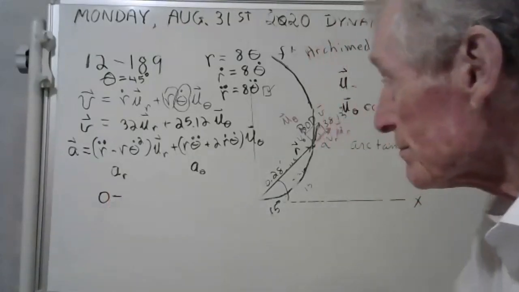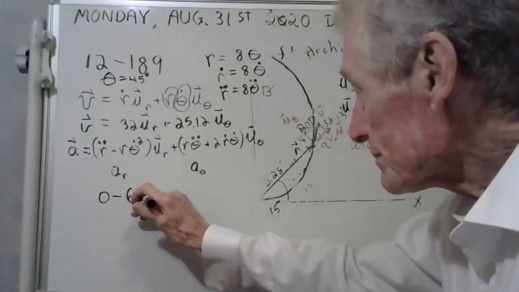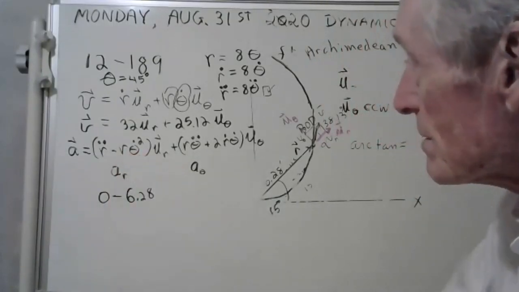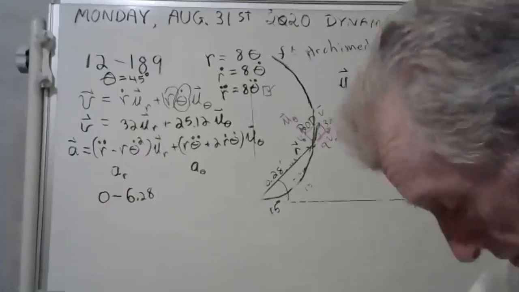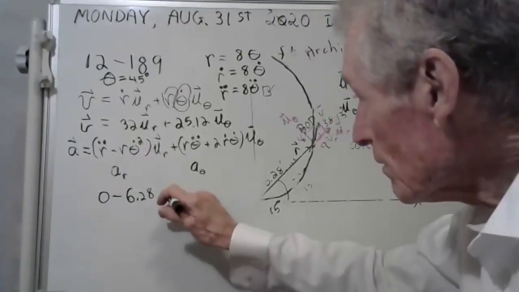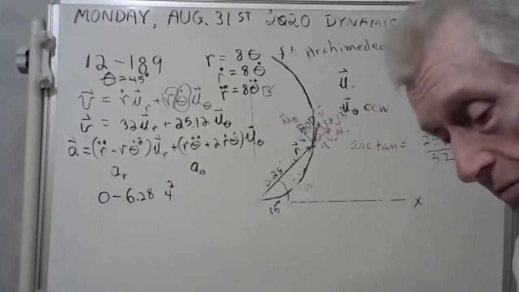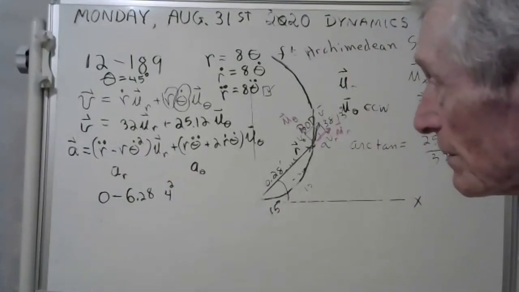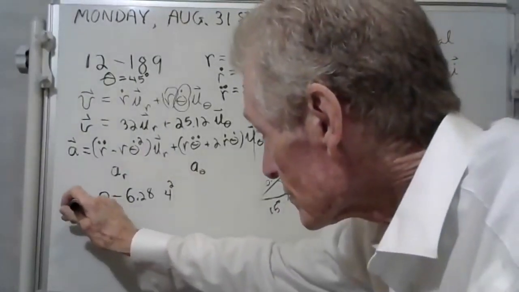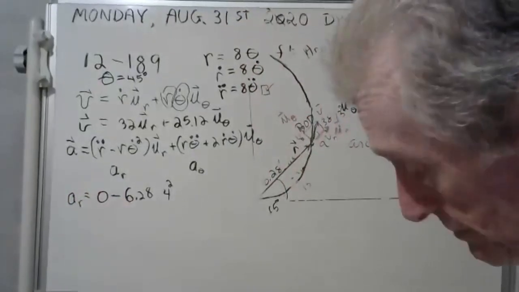Minus R. Well, what's R? Well, that's the 6.28. Times theta dot. Now, theta dot, they gave it to us, didn't they? Yeah, it's 4. Okay. Oh, wait a minute. You have to square it. See, it's squared. Okay, help me do that. What we're getting right now is the radial component of the acceleration.